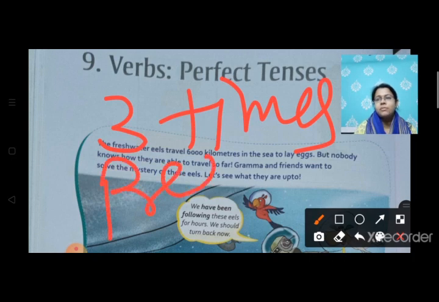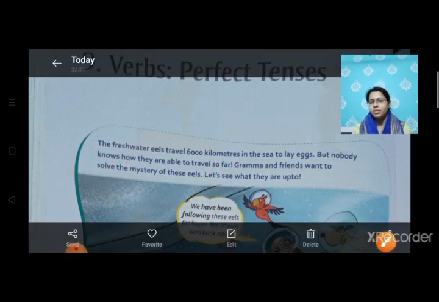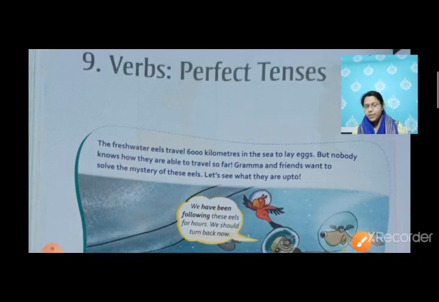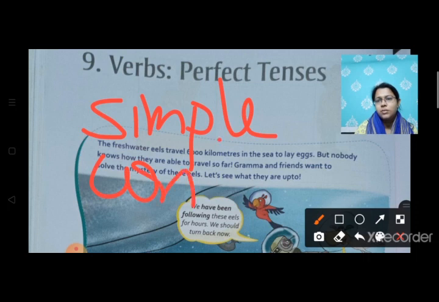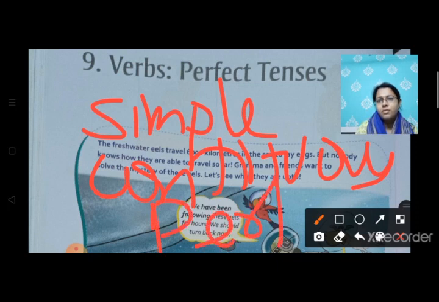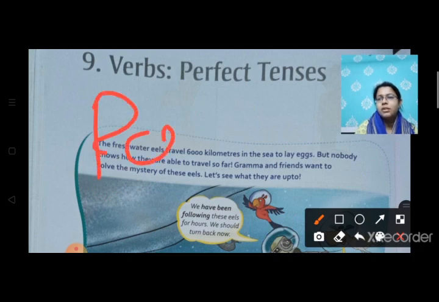Present, past and future, right? And if we consider the state of action, then we have 4 states of action. One is simple, another is continuous, then we have perfect, and the last one is perfect continuous.